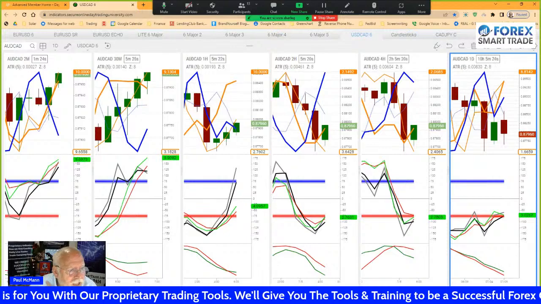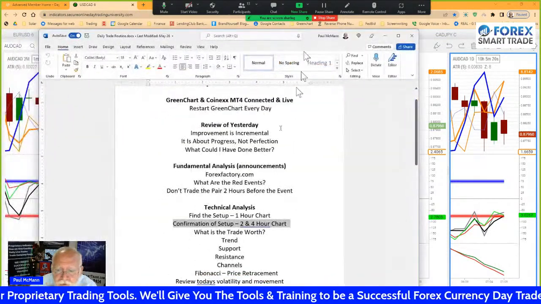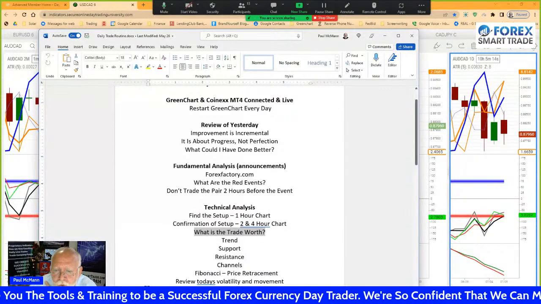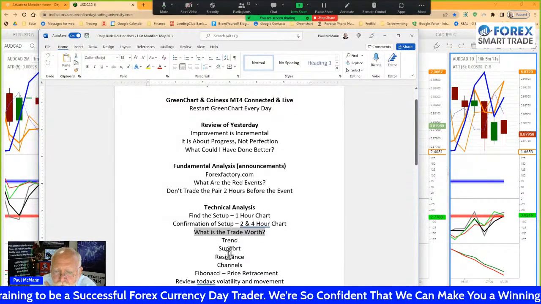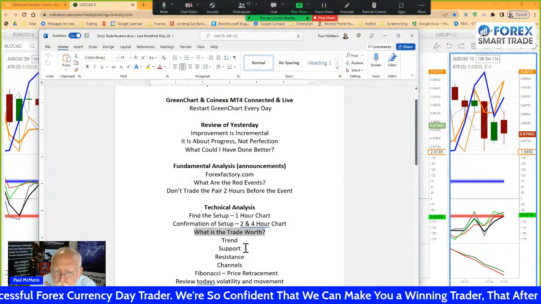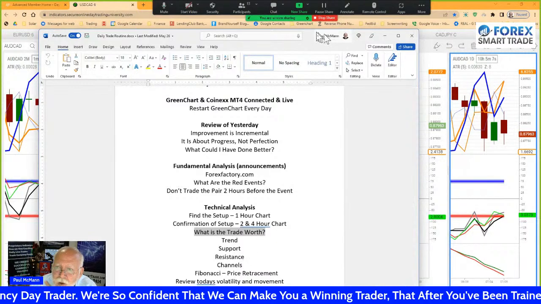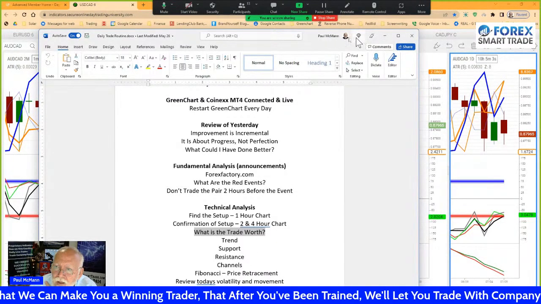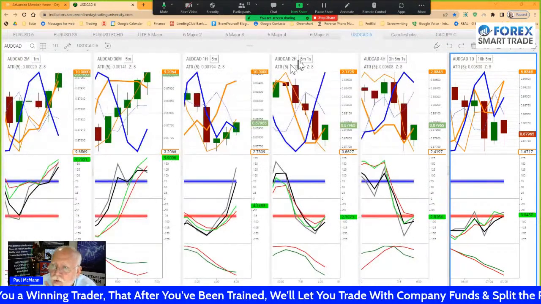So once I've confirmed this setup, I want to figure out what the trade is worth. And to figure out what the trade is worth, I'm going to look at the trend, the support and resistance, and how it's interacting in the channel. So to do that, we will go over here.